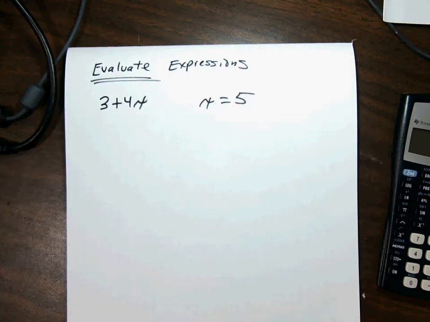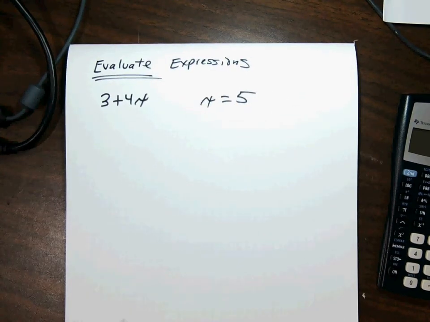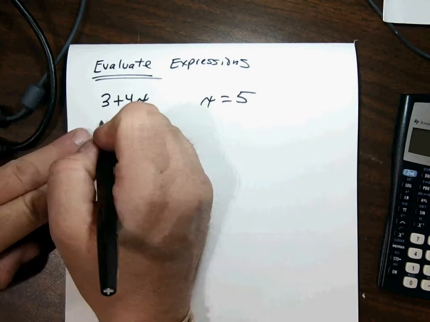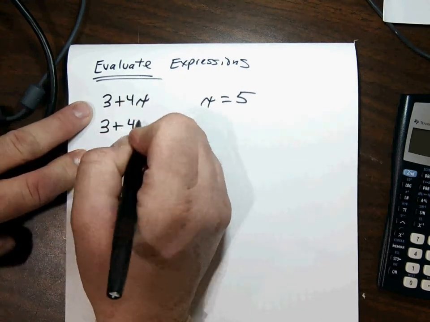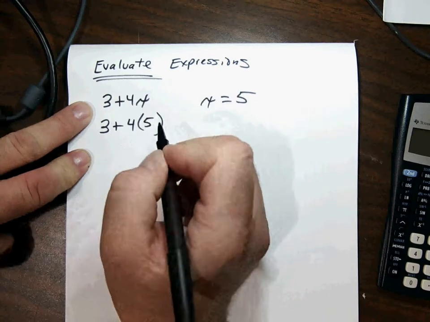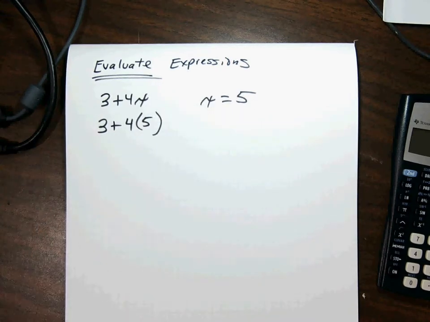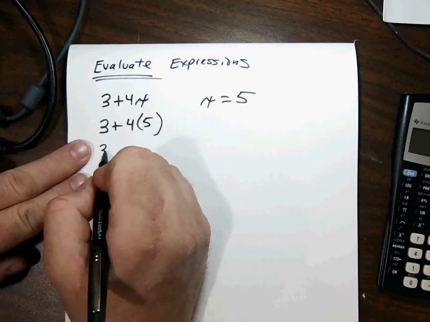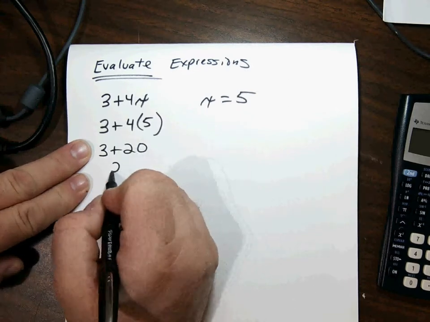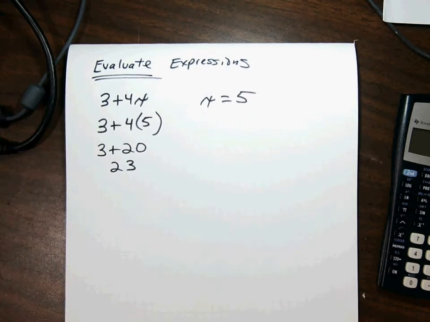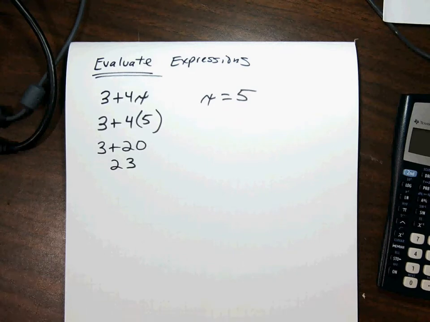If x is 5, now it's 3 plus 4 times 5. Order of operations: I multiply before I add. 3 plus 20 is 23. So we can evaluate expressions using the order of operations if we're told what these numbers are.